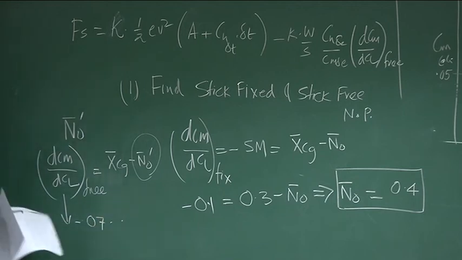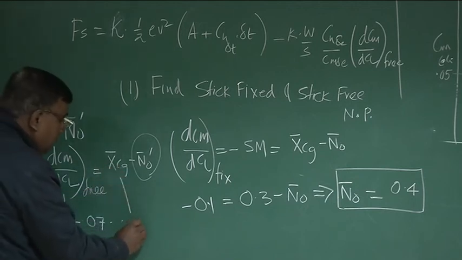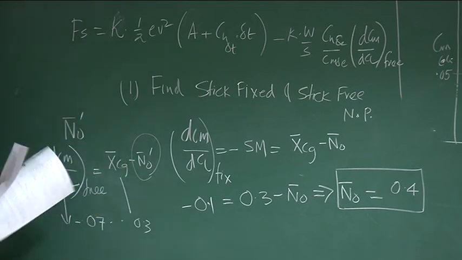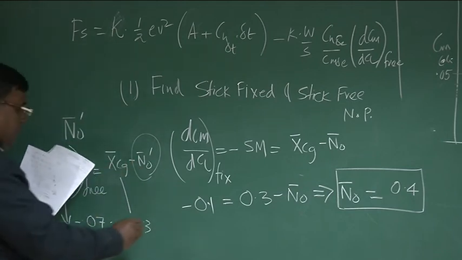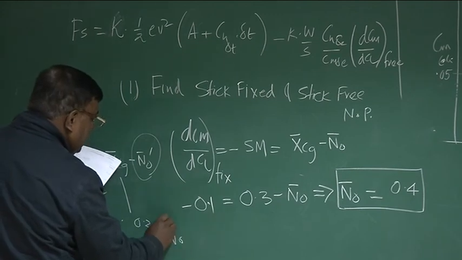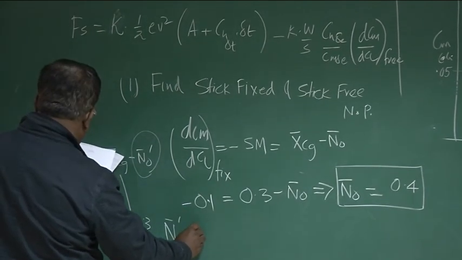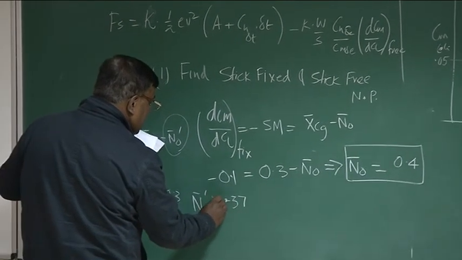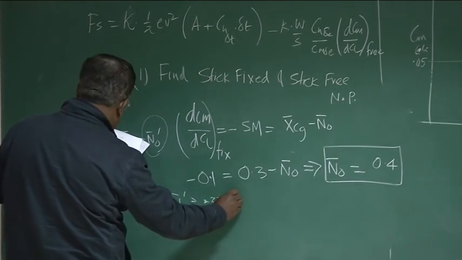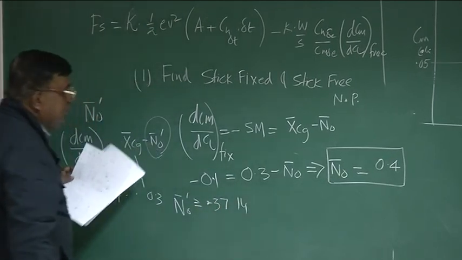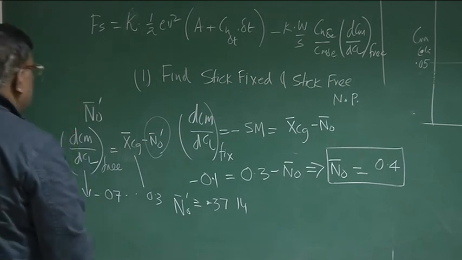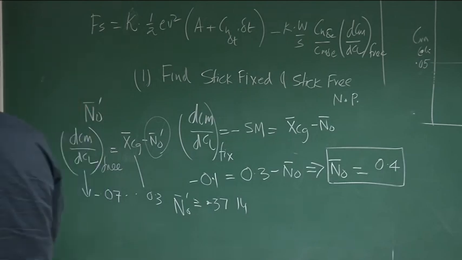We just now did it. xcg you know is 0.3. So n naught prime will be found simply by solving this. And if I have not made any mistake, you are supposed to get n naught prime approximately 0.37 or 0.4, something like this. I should tell you that repeatedly: please don't blame me, you should do it yourself. Okay? So this is the first question we solved, on stick fixed and stick free.